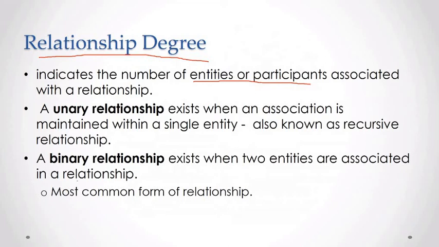So the first degree of relationship is called unary. Unary exists when an association is maintained within a single entity, which is also known as recursive. So a good example of this is this one.